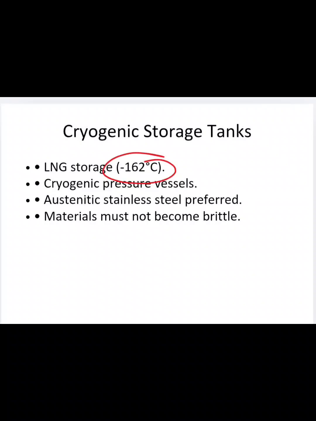At such low temperature, many steels would become extremely brittle. Therefore materials like austenitic steels are preferred because they do not exhibit a sharp ductile to brittle transition.